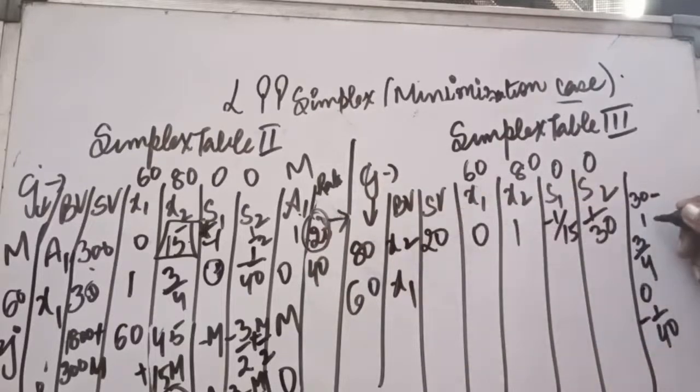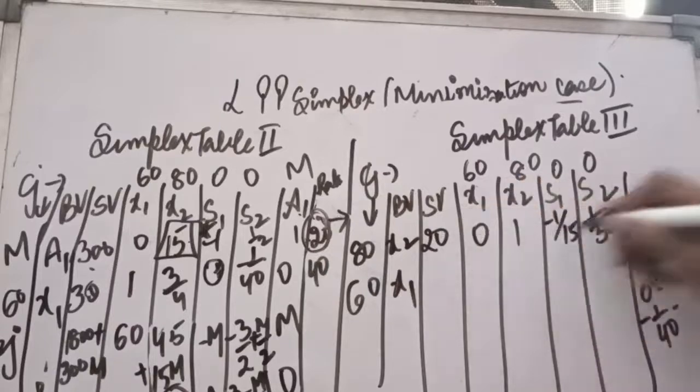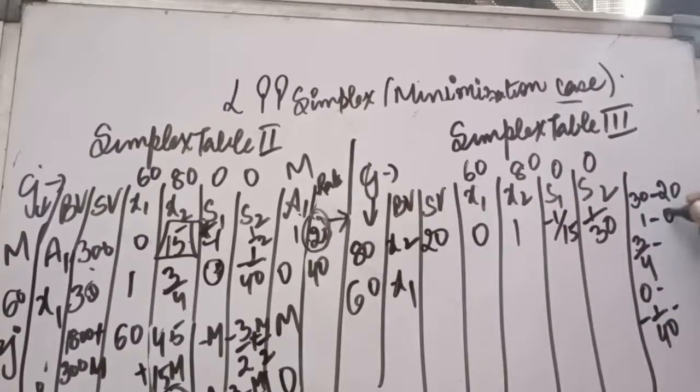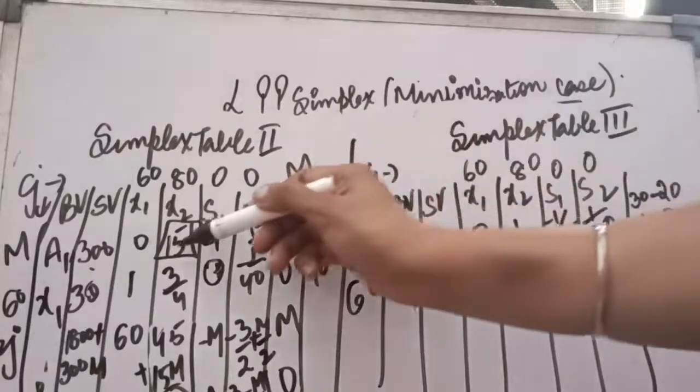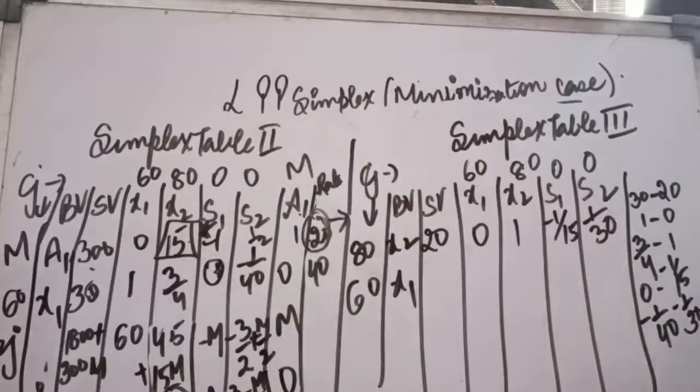Minus values in the new key row. Now this is the new key row: 20, 0, 1, minus 1 upon 15 and 1 upon 30. Now what is the conversion factor corresponding to the key element? That is 3 upon 4. So we will multiply all the elements with 3 upon 4.